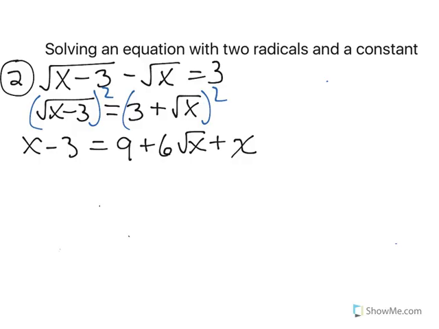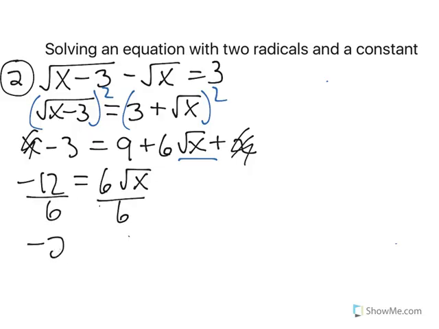Alright, so now we need to isolate the square root of x. So the x's cancel out. I bring the 9 over, that's negative 12 equals 6 radical x, divide both sides by 6, and I have negative 2 equals the square root of x.